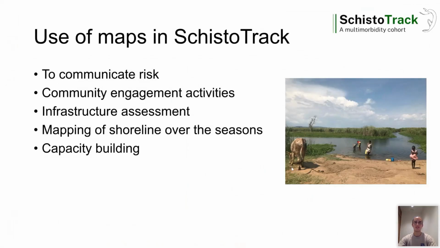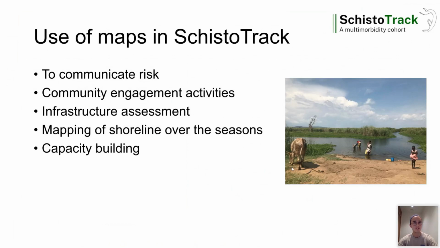Over the past 2 years of SchistoTrack, we've used maps for a variety of purposes, including communicating risk of schistosomiasis infection. This has included talking to local governments and visualising infection statistics and prevalence across the rural regions to inform mass drug administration efforts. We've also held community engagement activities with the SchistoTrack communities involving presenting our findings from the collected data.